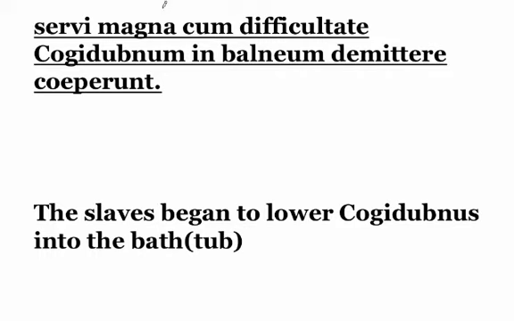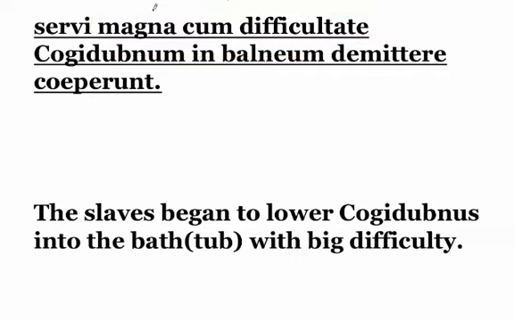Now, what's left in the sentence is the manner with which they began to lower Cogidubnus into the bathtub. Magna cum difficultate, with big difficulty. Very common, by the way, when you have a preposition, cum, there is an adjective and a noun. The adjective comes first, then the preposition, then the noun.